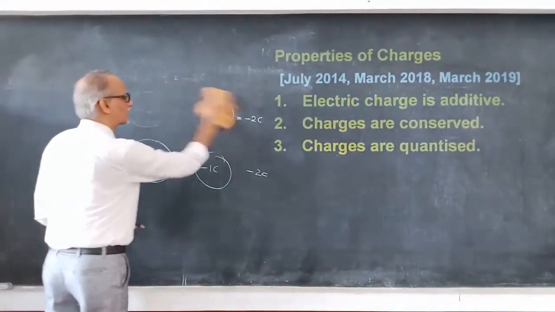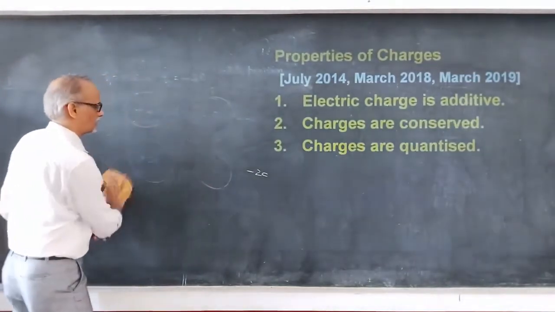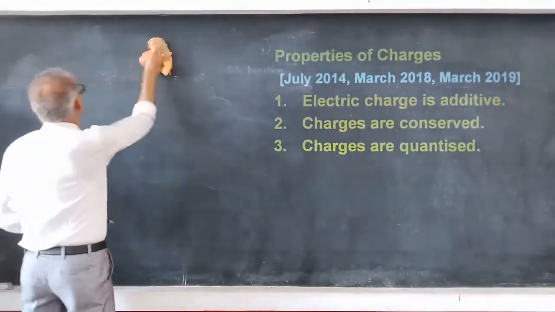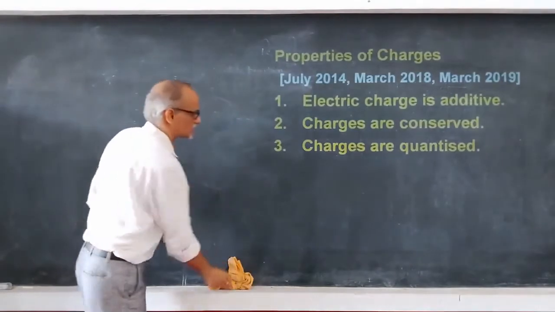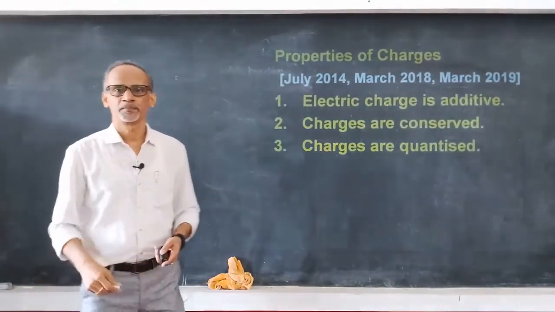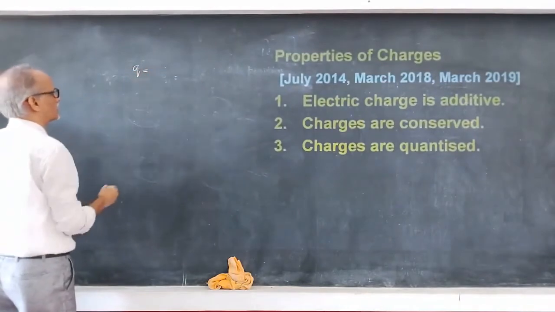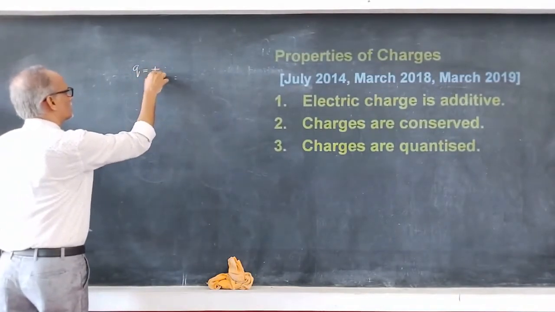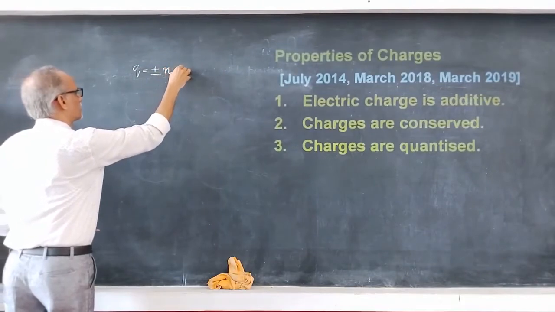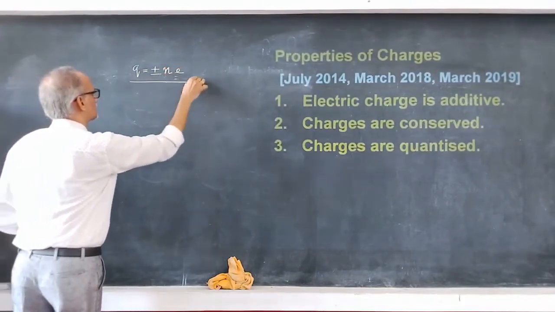Charges are quantized. Charges are quantized means the total charge in a system is always an integral multiple of the magnitude of the charge of the electron.